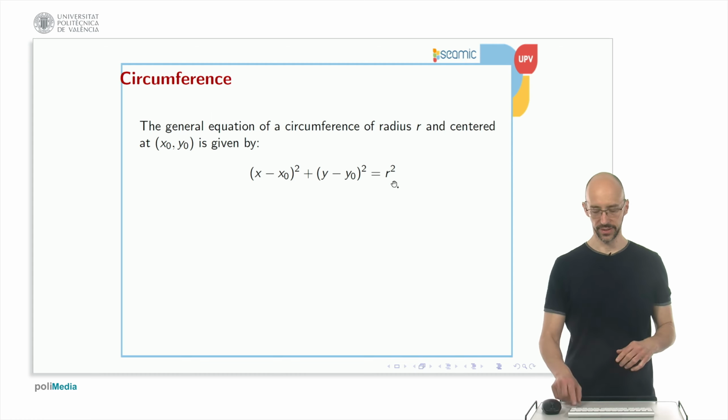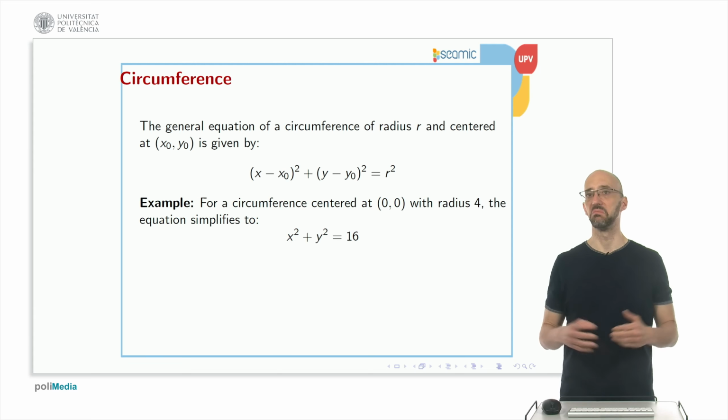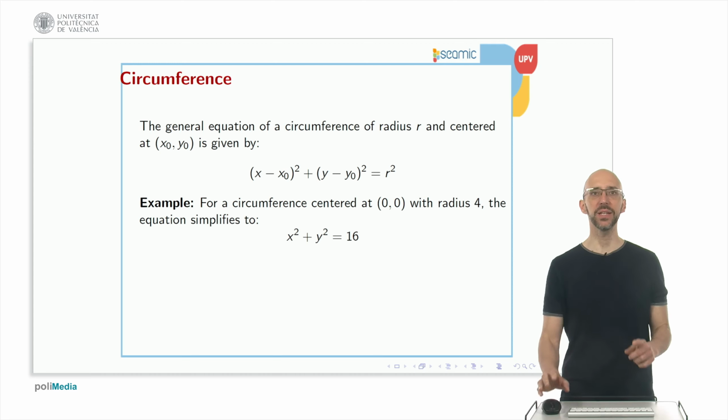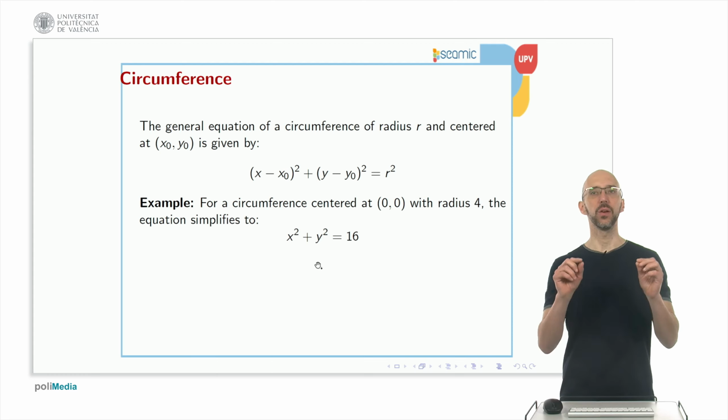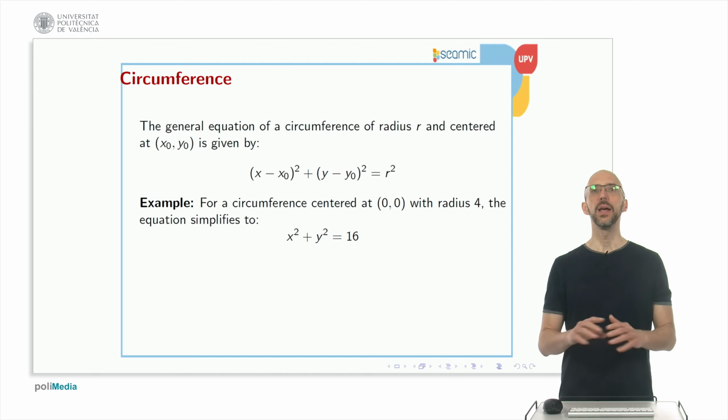Be careful with this example. A normal or general equation of a circumference is x squared plus y squared equals 16. As you can see, there's nothing subtracting x, nothing subtracting y. What does this mean? That this circumference is centered at 0, 0, okay?